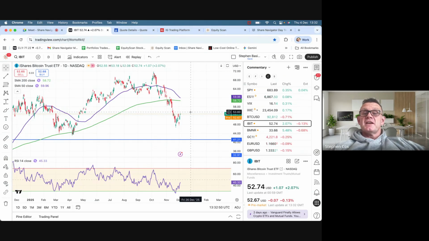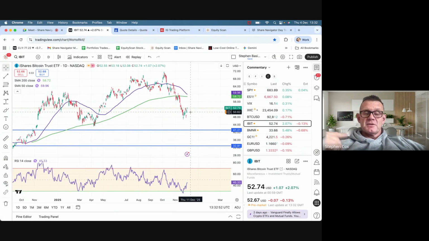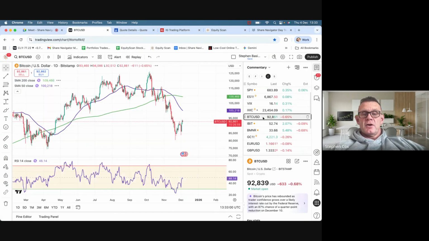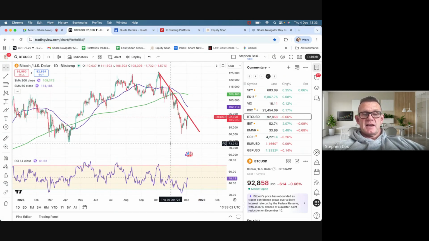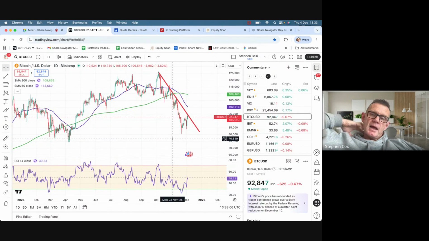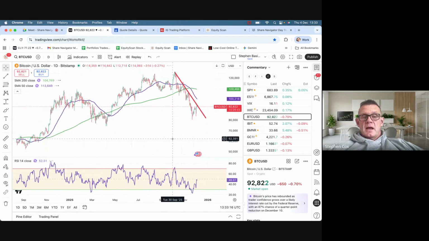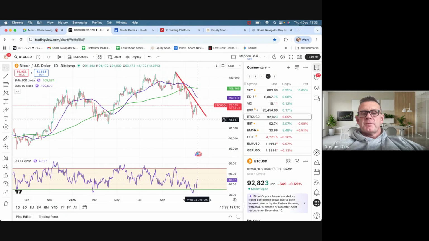So the question you asked me, Pat, and I know it's a long-winded answer, I'm just trying to cover all bases, it really depends on what camp you're looking at. But for me, if Bitcoin came down and retested this area here, I would start to build a position. I don't know if you remember, we talked about 10 to 15% of your portfolio in risk. I would consider this high risk, and at that stage I might put 7.5% in here.